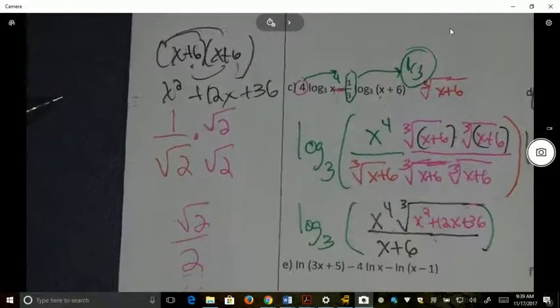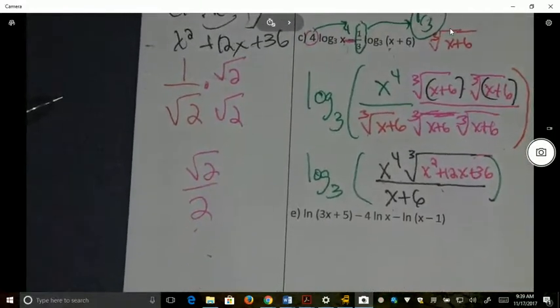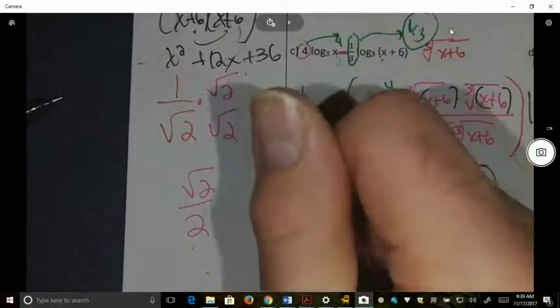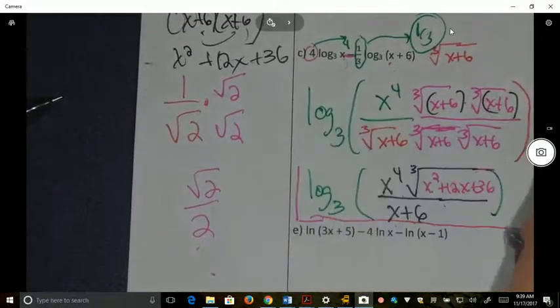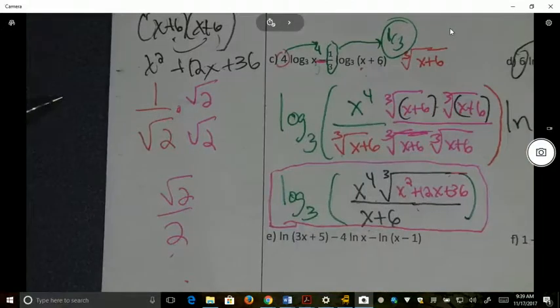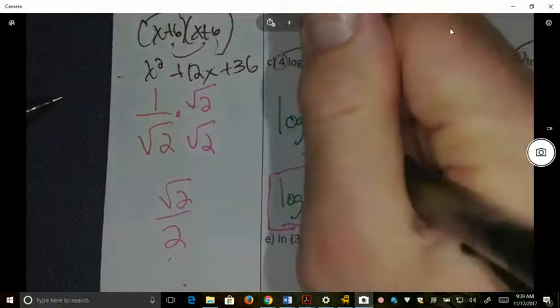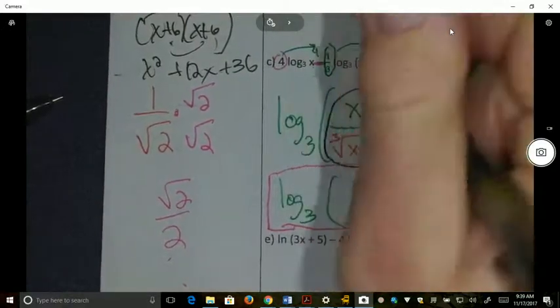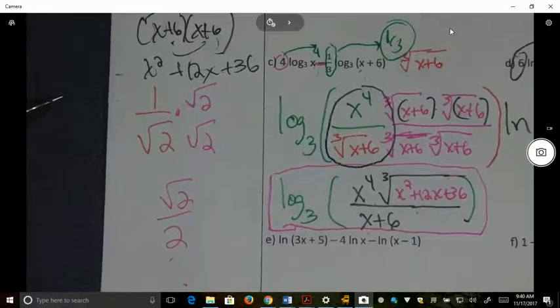So this has been simplified. I can't do anything more to this. We've even rationalized the denominator. You're not going to get a ton of points penalized if you leave your answer here, but you will probably have at least a half point taken off because it's not completely simplified.